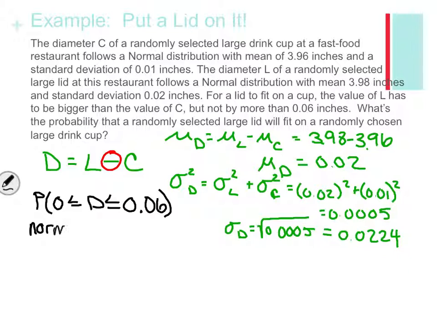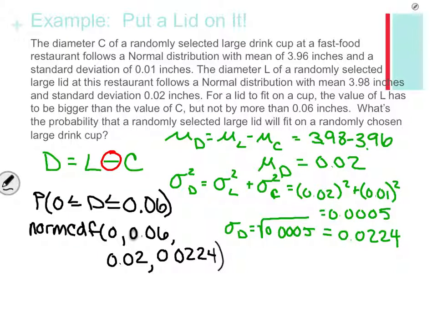We know it's a normal distribution, so we're going to use normalcdf with lower, upper, the mean, which is the difference of the two diameter means, and the standard deviation. I'm going to rely again on technology, and that gives me about 0.777.